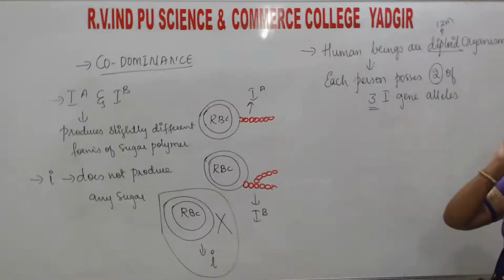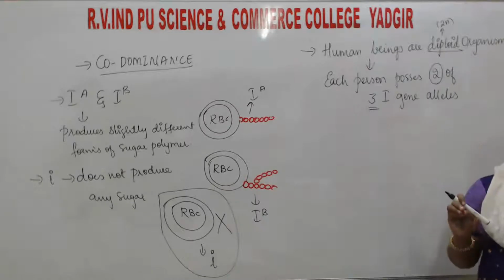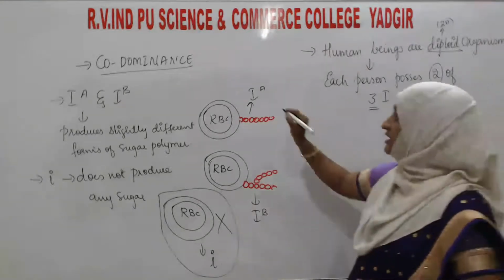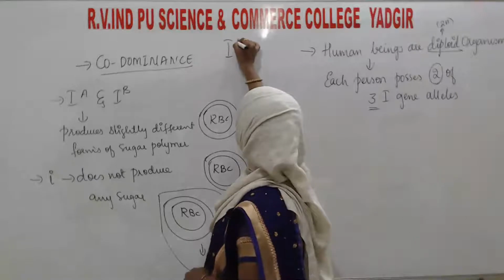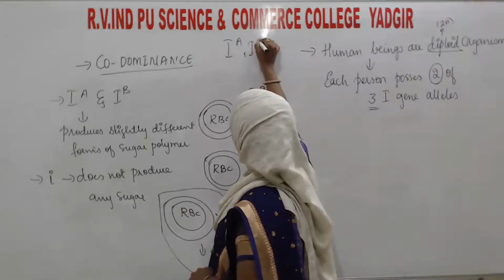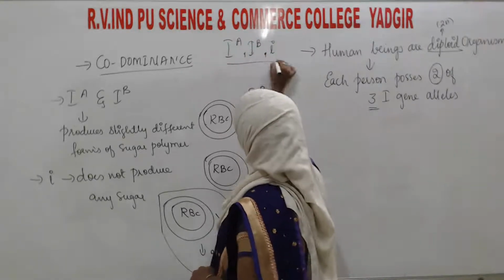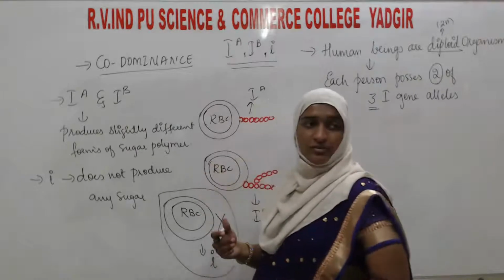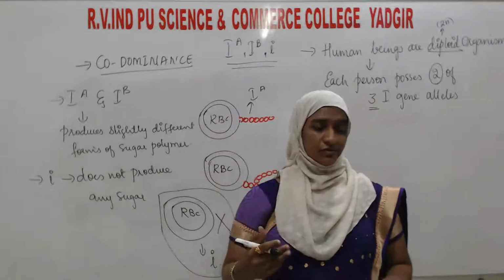So here IA and IB, you already studied, there are three alleles, IA, IB and small i. Now let's see which are the dominant ones and which is the recessive one.